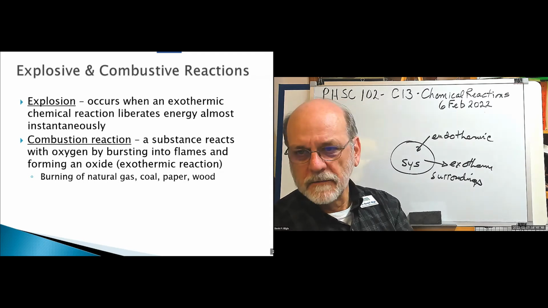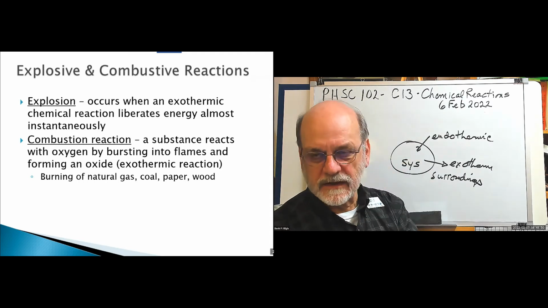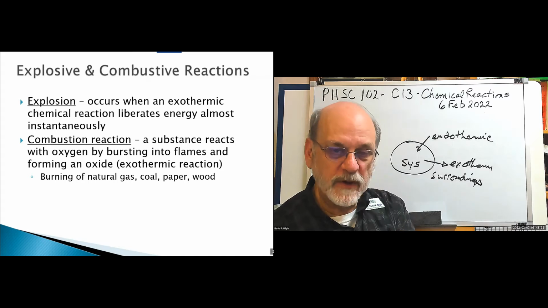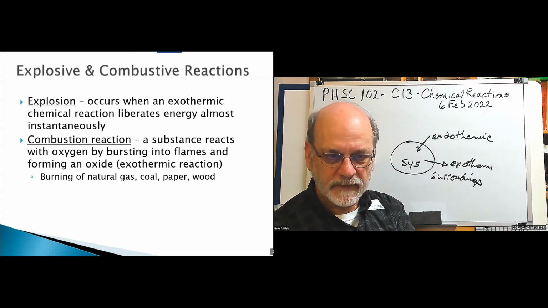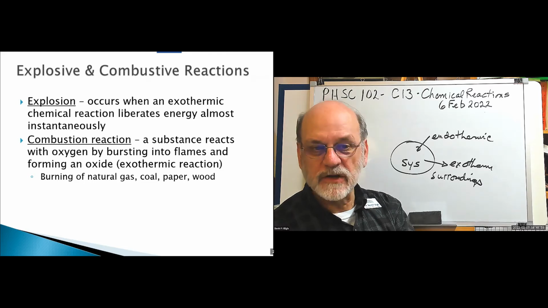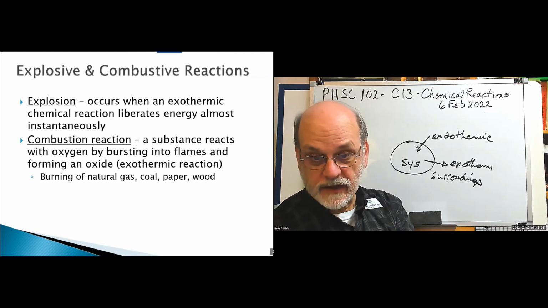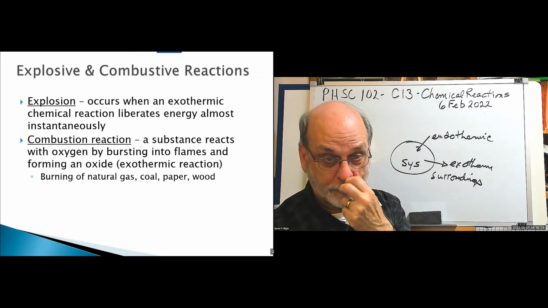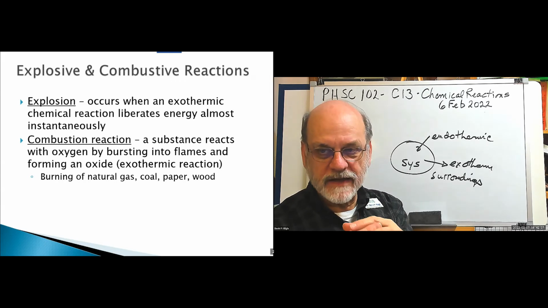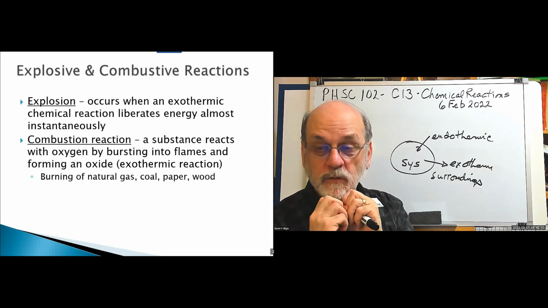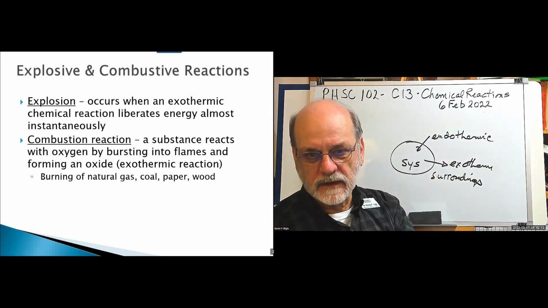If it occurs almost instantaneously or over a very short period of time, we can call that an explosive reaction. Many combustion reactions can be made explosive if we confine them into a vessel and they build up pressure and then they release that energy quickly.